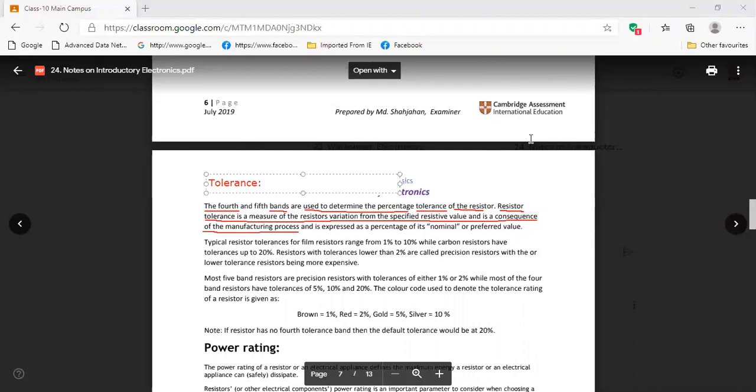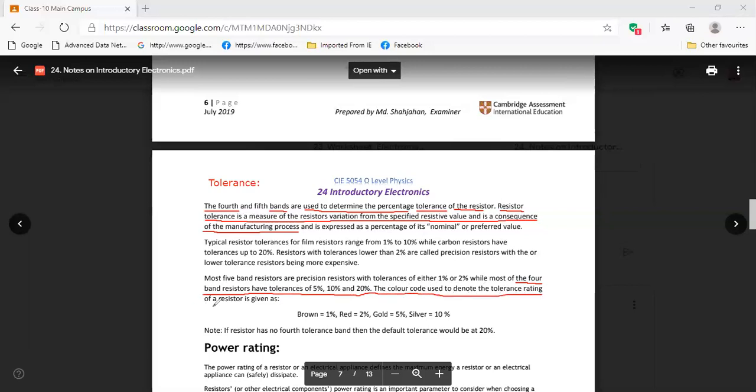Then after writing the above part, you write here, right from here: the four band resistors. Normally, we don't use more than four bands. In our lab, we use till four bands, maximum. In most of the cases, we use three bands. Sometimes you will get four bands one also.